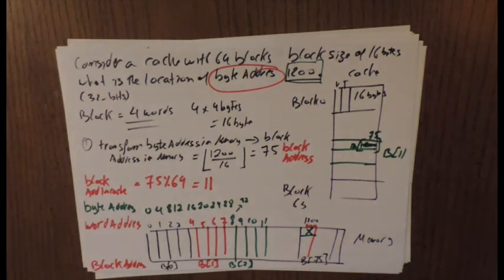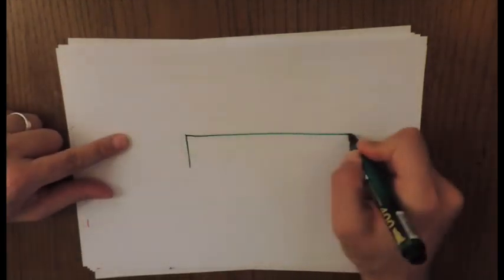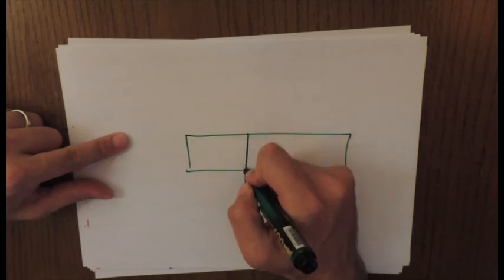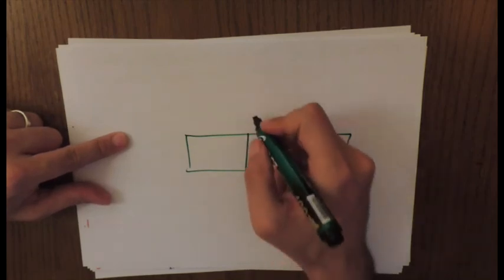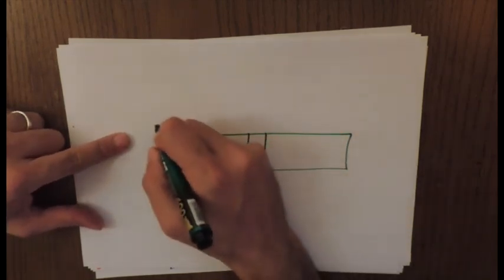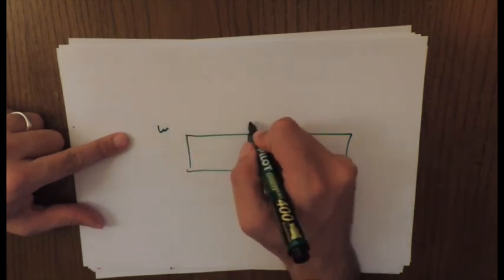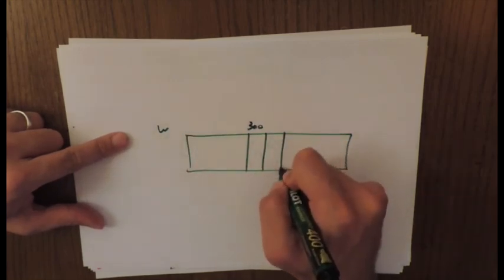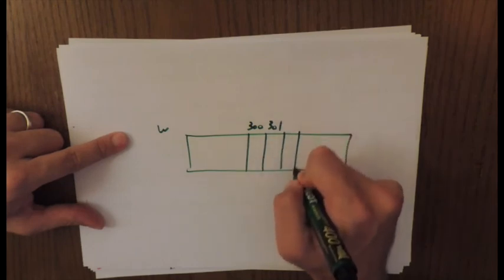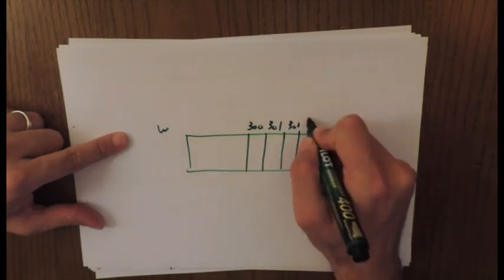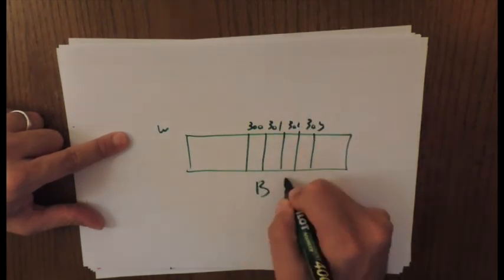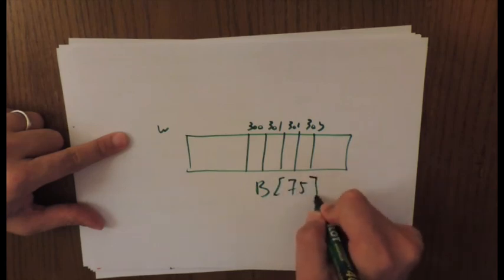Let me elaborate more on this idea. As we said, in memory we have somewhere word 300, 301, 302 and 303, and this is block number 75 that we found.